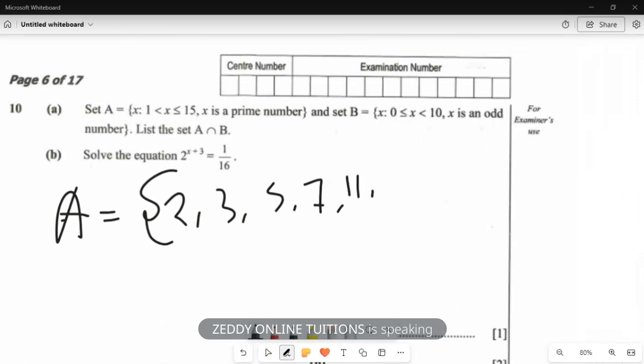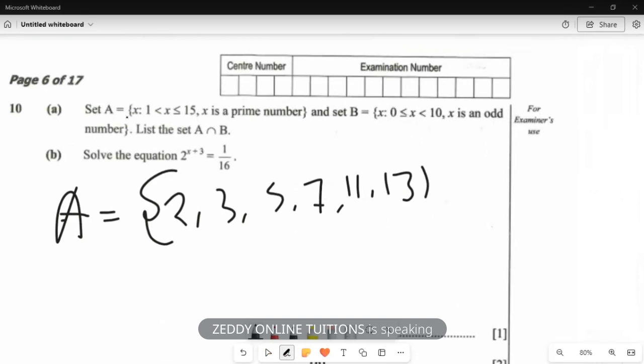Those of you who don't know what a prime number is, it is any number that has only two factors, 1 and itself. Like 7, there is no number that can go into 7. So all these numbers are prime numbers.